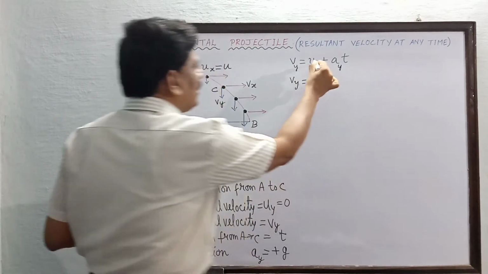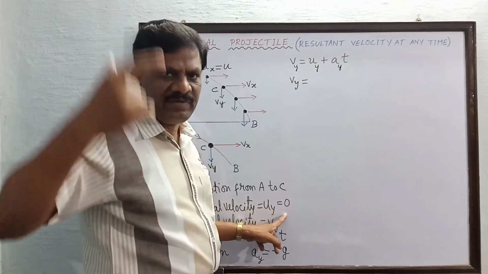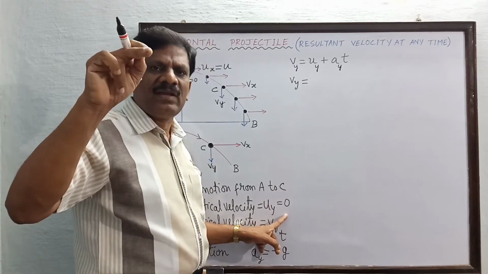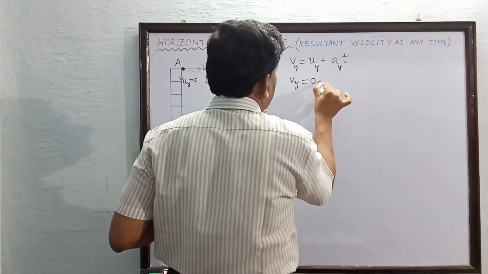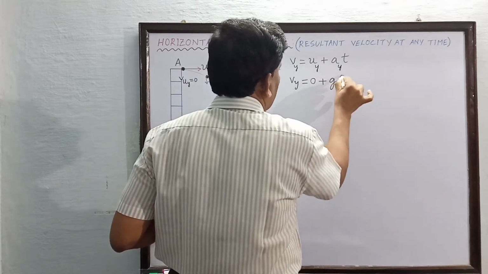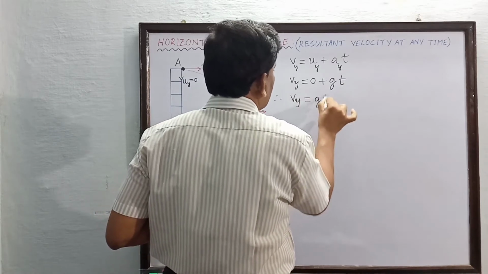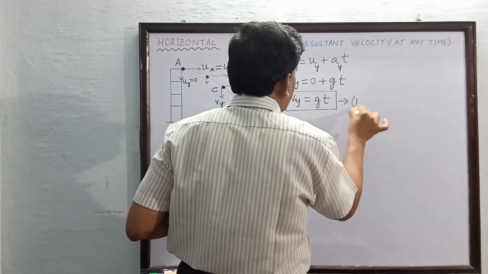What is the initial velocity along the vertical direction? Uy is equal to 0, it is like a freely falling body. If you investigate only its vertical motion, the initial velocity is 0. So this is 0 plus g into t. Therefore, Vy is equal to gt. This is equation number 1.